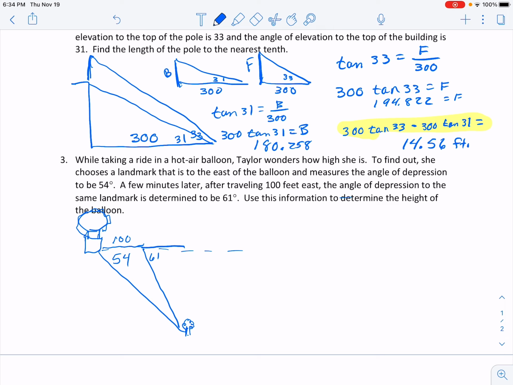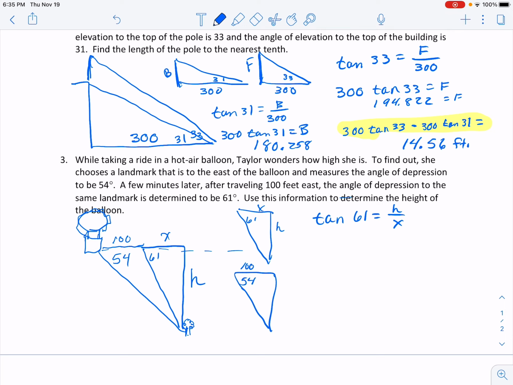Use this information to determine the height of the balloon. Well, if we finish this and make it a triangle, this is H, that's what we're looking for. This is X, I don't know. So one triangle has 61, X, and H. And I can set up a ratio: the tangent of 61 equals H over X. My other triangle goes like this. This is 54.